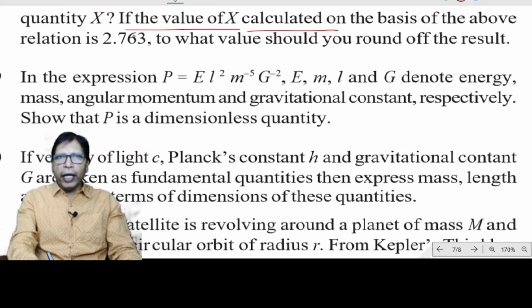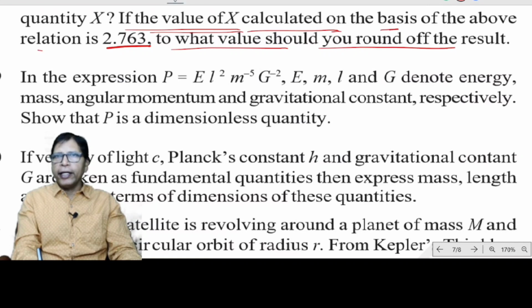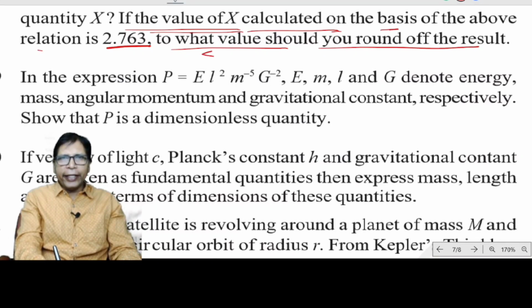If the above value of X calculated on the basis of the above relation is 2.763, to what value should you round up the result? Now we get delta X by X equal to 23.5%.